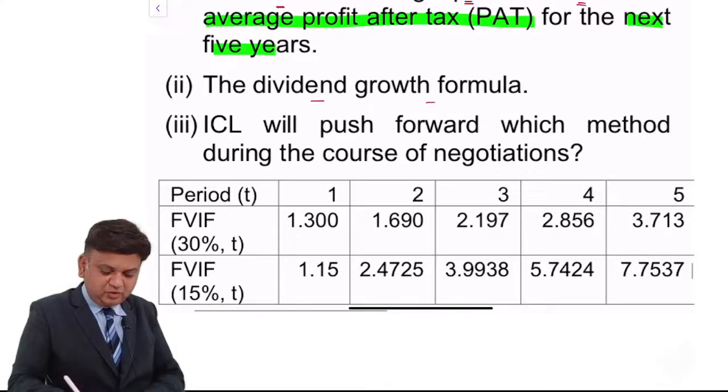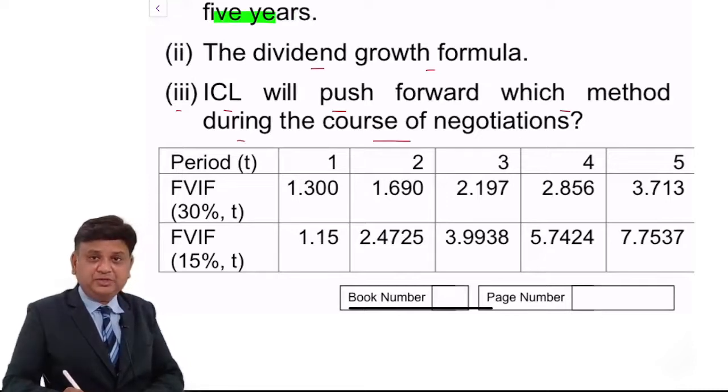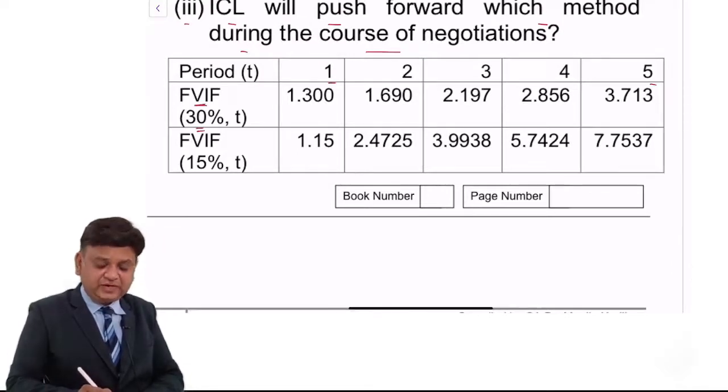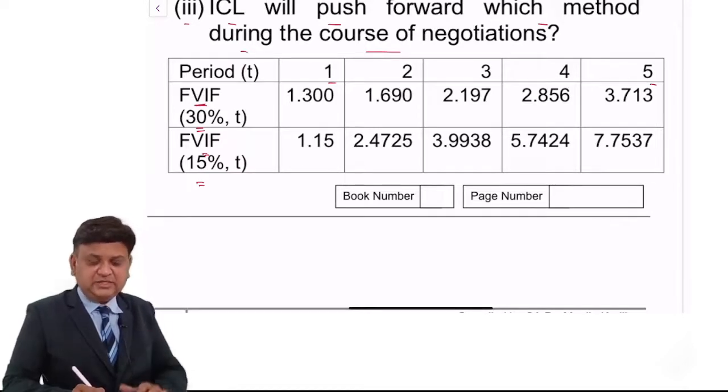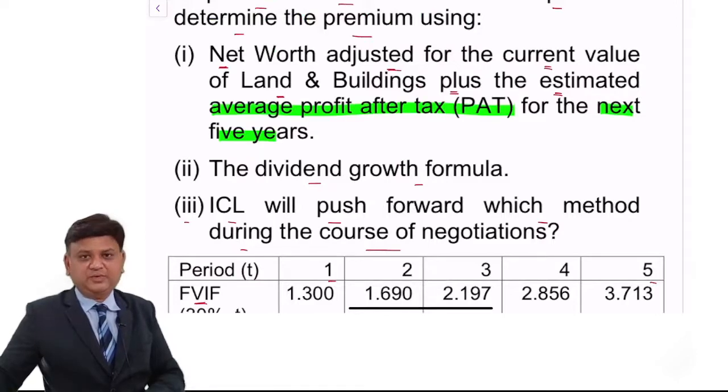Second, the dividend growth formula. Third, which method ICL will push forward during the course of negotiation. Year 1 to year 5, information is provided for the future value interest factor at 30% and 15%. I request all of you to go through the question, please.